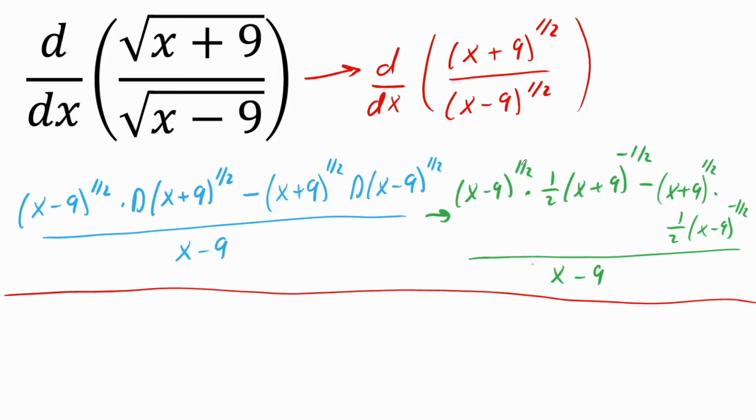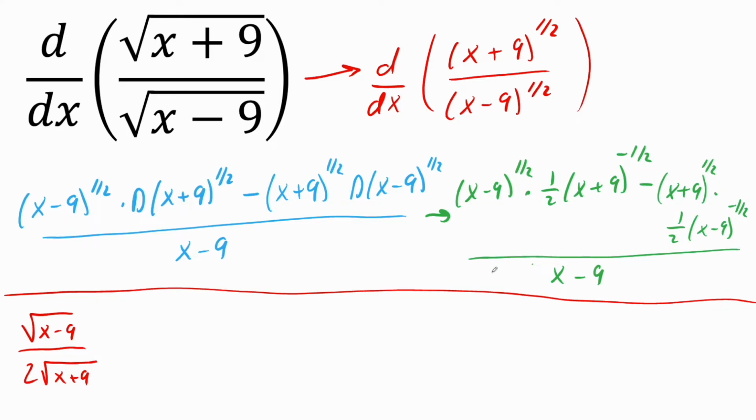So (x - 9) raised to 1/2, we can keep it in this form right here, so we'll have the square root of x - 9. Then we're going to multiply this piece by 1, which won't change anything, but we're also going to divide it by 2, and we have a negative exponent, so we can bring it to the denominator, and it's negative 1/2, so that's the square root of x + 9.